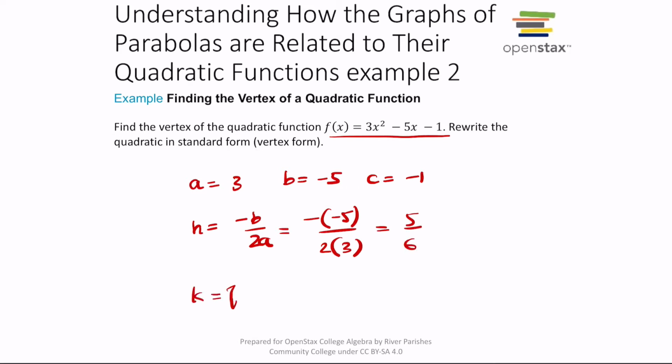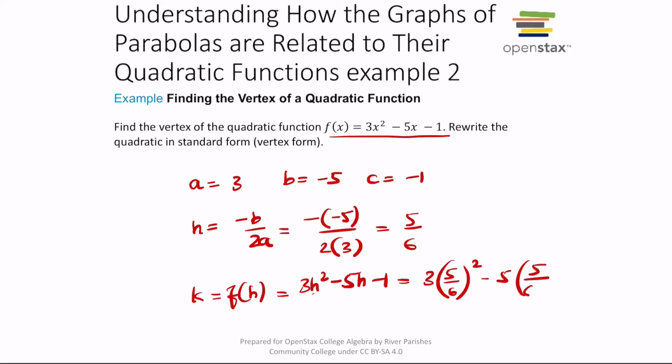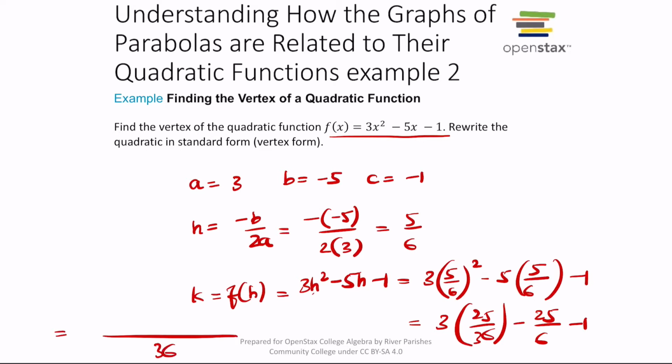So k becomes f of h. So f of h is 3h square minus 5h minus 1. Substitute the h value here. So 3 times (5 by 6) square minus 5 times 5 by 6 minus 1. So 3 times 25 by 36 minus 25 by 6 minus 1. If you calculate the value and take an LCM, the LCM is 36. You have 3 times 25 minus 6 times 25 minus 36.